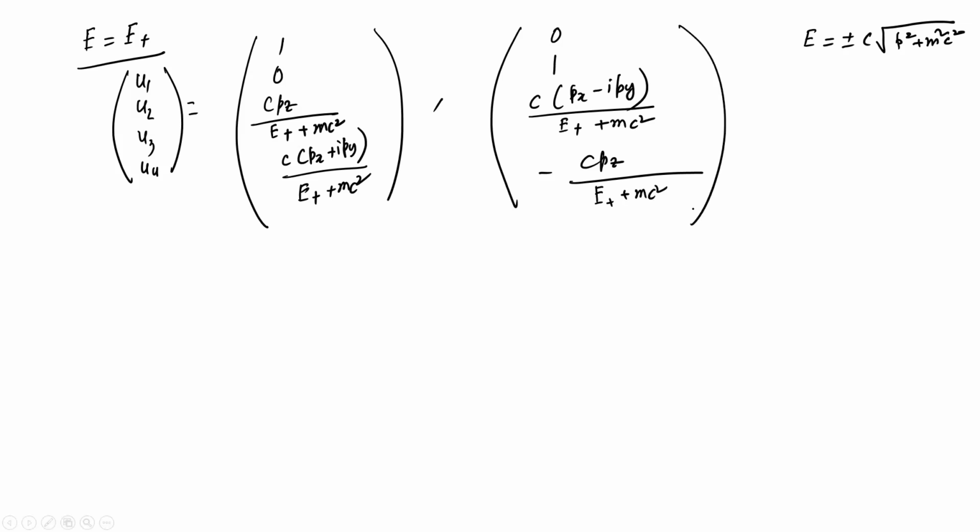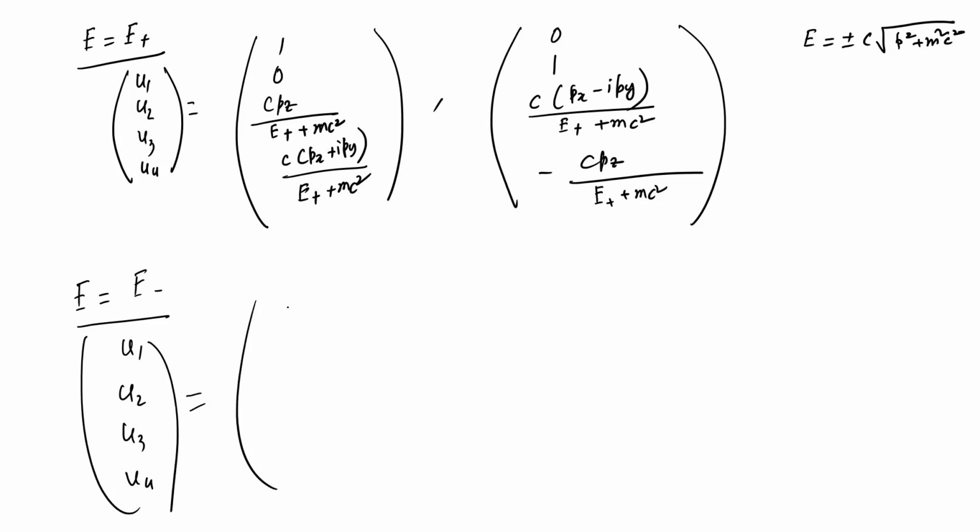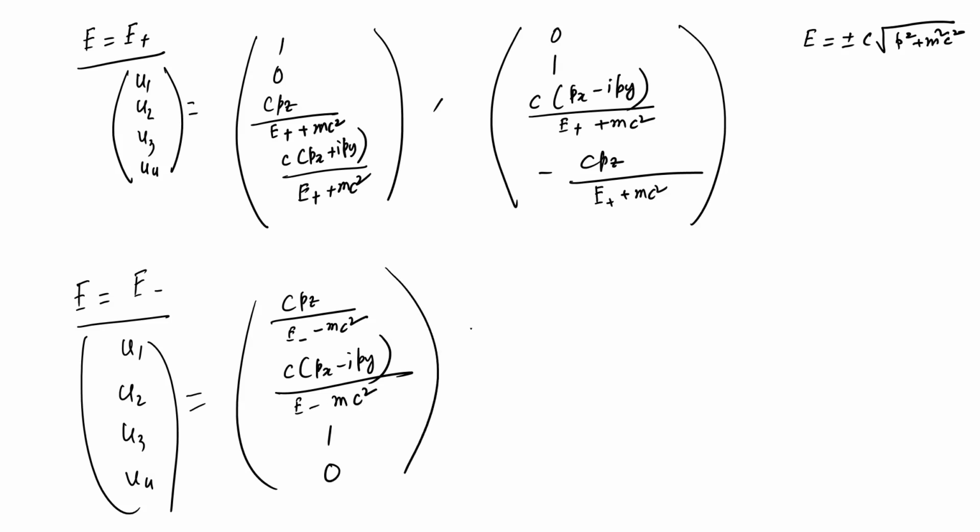So these are the two linearly independent solutions for E plus, and for E minus we have u1, u2, u3 and u4 as these: c p_z divided by (E minus m c square), c (p_x plus i p_y) divided by (E minus m c square), and 1 and 0.